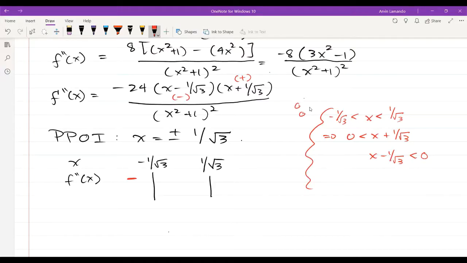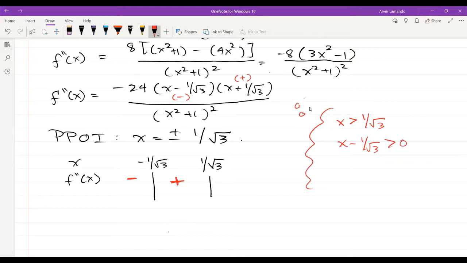So f double prime of x is positive in this interval. And lastly, when x is greater than 1 over square root of 3, x minus 1 over square root of 3 is greater than 0.